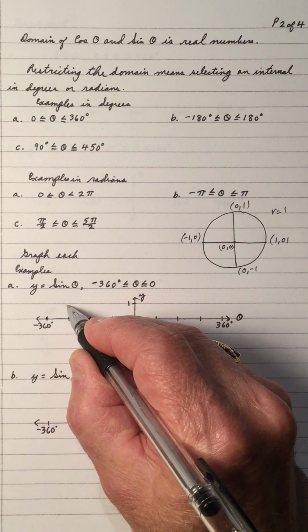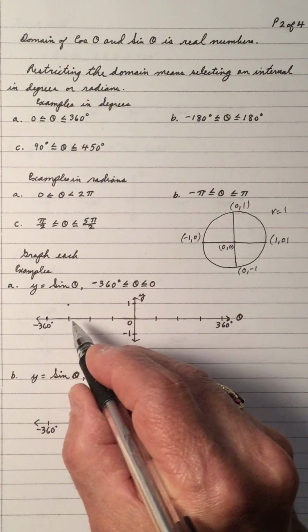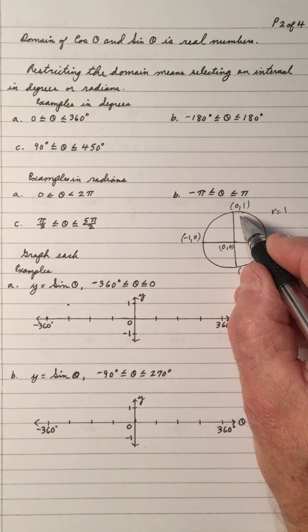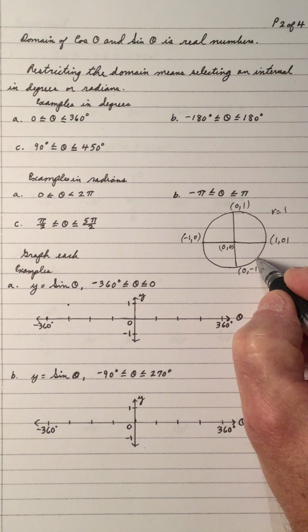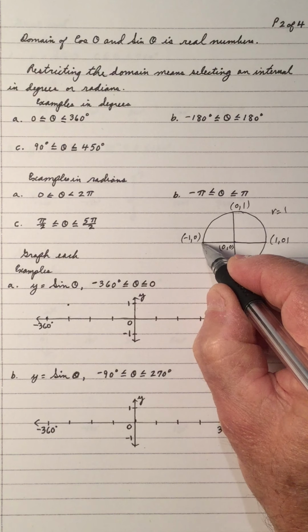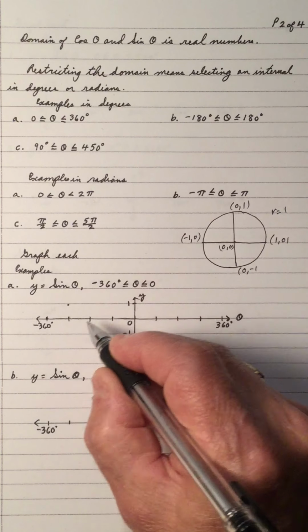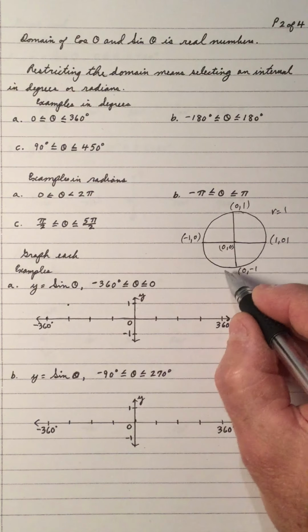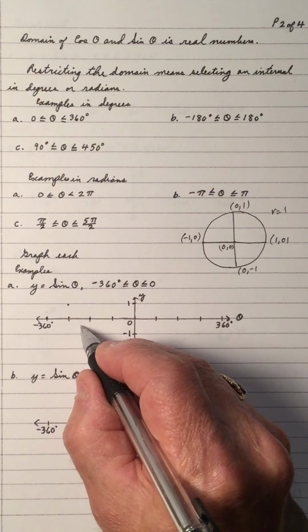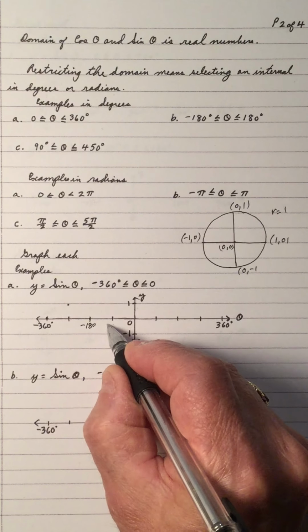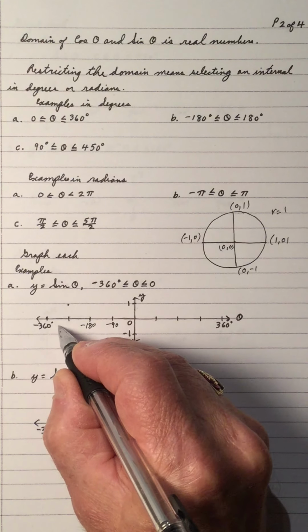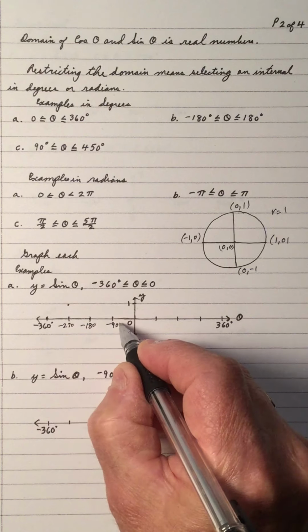So sine is 1 for negative 270. And negative 180 is here. Sine is the y, which is 0. Negative 90, remember this is the negative 180 in the middle. This is the negative 90. This is the negative 270.